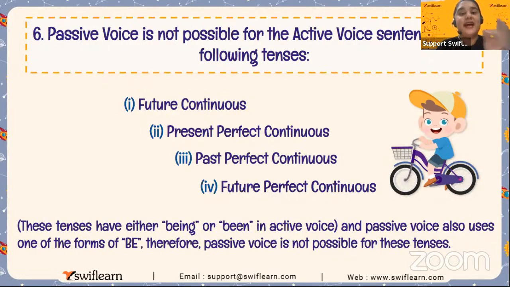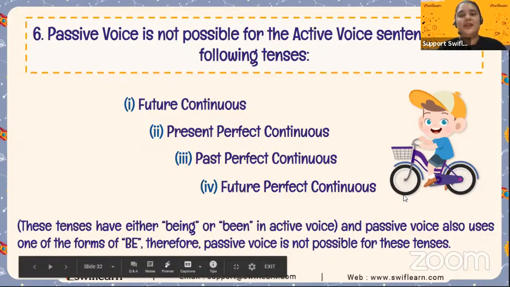That is why passive voice is not possible. Clear? If we take the example for past perfect continuous, like I had been drinking coffee for 5 years. So I had been, so we are already using here been. Clear? Let's move to next slide now.